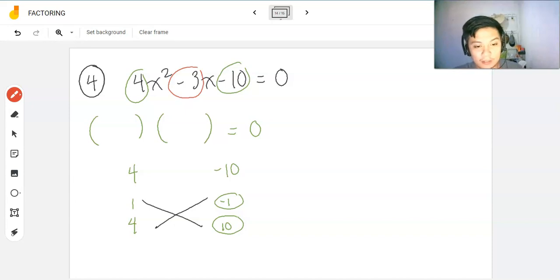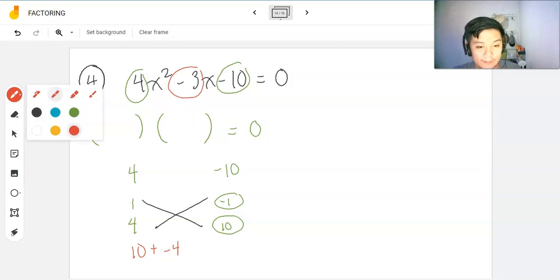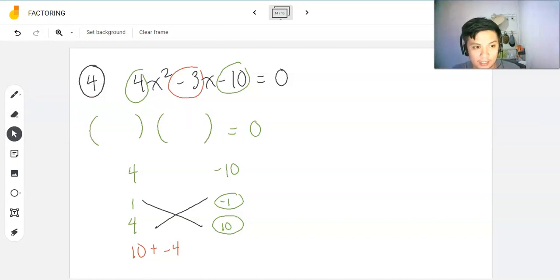Let's see. 1 times 10 is 10. 4 times negative 1 is negative 4. Ang sum ba ng dalawang to ay negative 3? Hindi, di ba? Ngayon, kung ibahin ko yung sign, ilipat ko yung negative sign sa 10, magbabago ba yung result? Magiging negative 3 na ba yung magiging product? So, let's see ha.